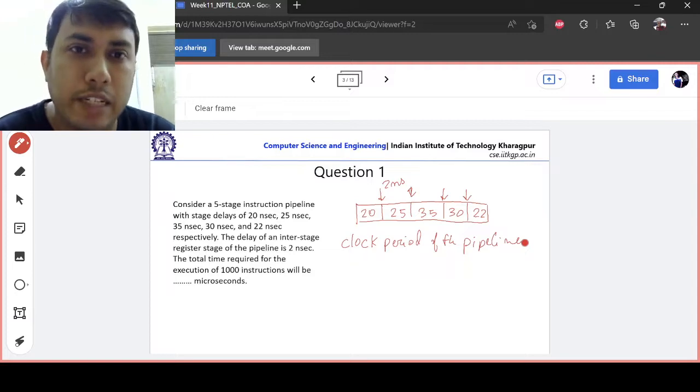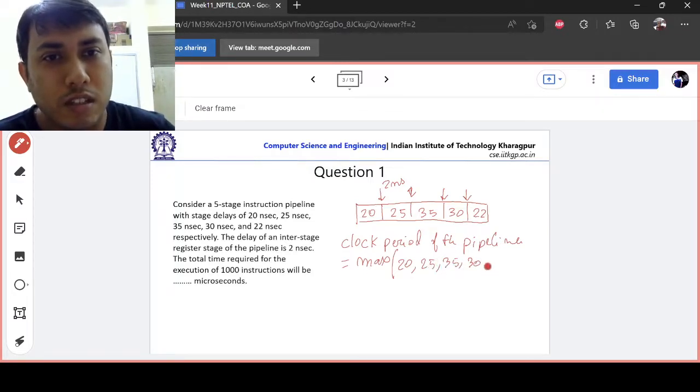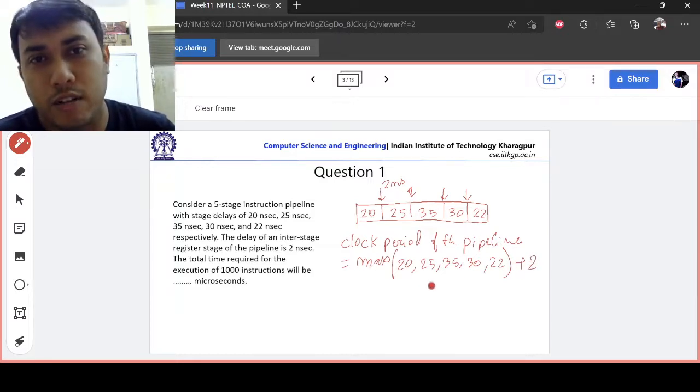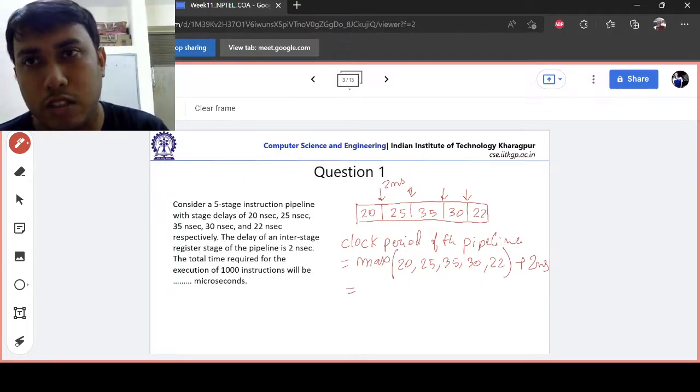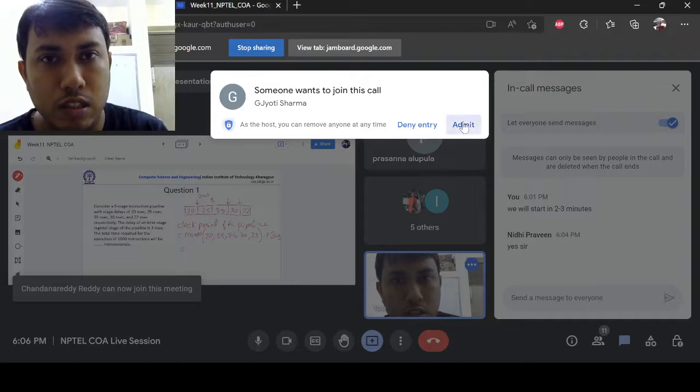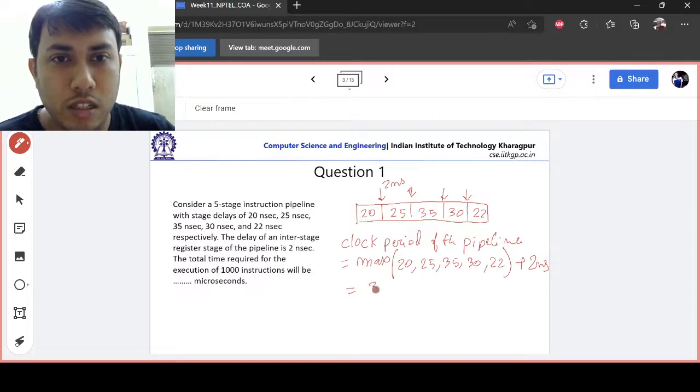But if it is an asymmetrical delay, then we need to choose the max of these delays. So what would be the max of 20, 25, 35, 30, 22? Plus there is this 2 nanoseconds extra delay for each stage. So it will come out to be 35 plus 2 equal to 37 nanoseconds.